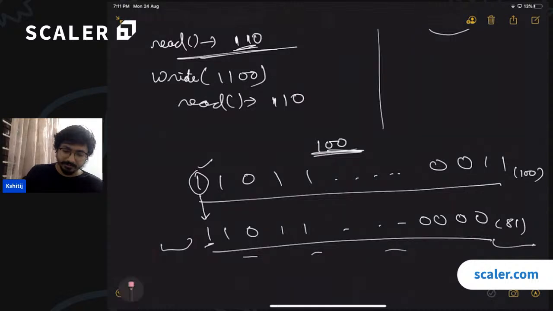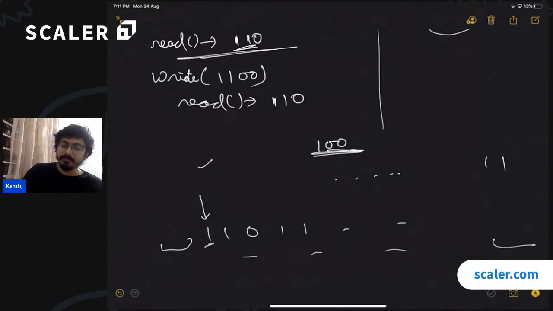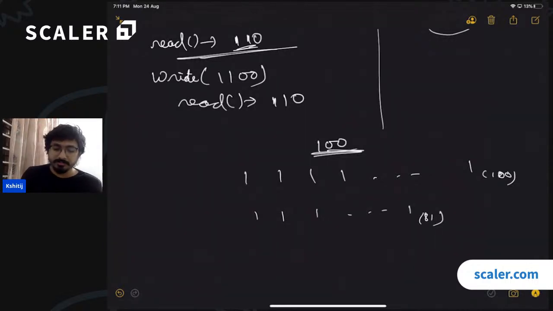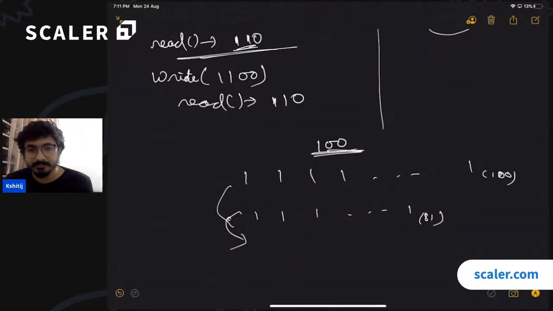Let us say that the input is all ones, 100 ones, and in return you are getting 81 ones. How do you find which 19 slaves are not working?